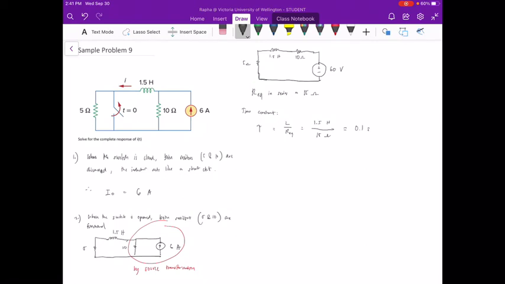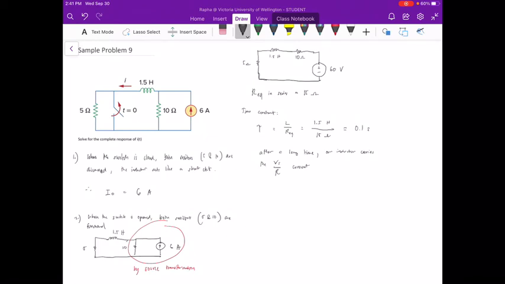So after a long time, or approximately 5 time constants, our inductor carries the Vs over R current.